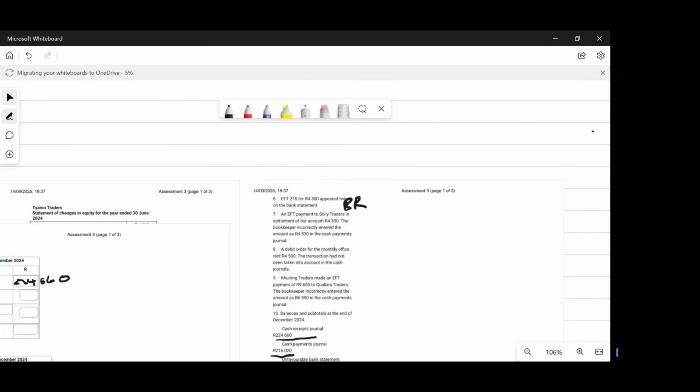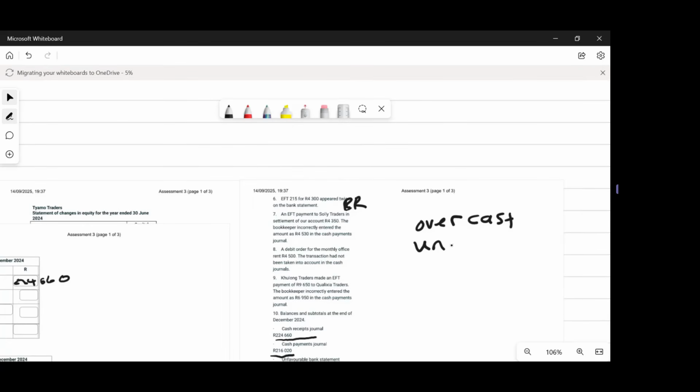And then number 7 says an EFT payment to solid traders in settlement of our account 4,350. The bookkeeper incorrectly entered the amount as 4,530 in the cash payments. If you can recall from the last classes where I told you about an overcast and an undercast, do you still remember? Yes.